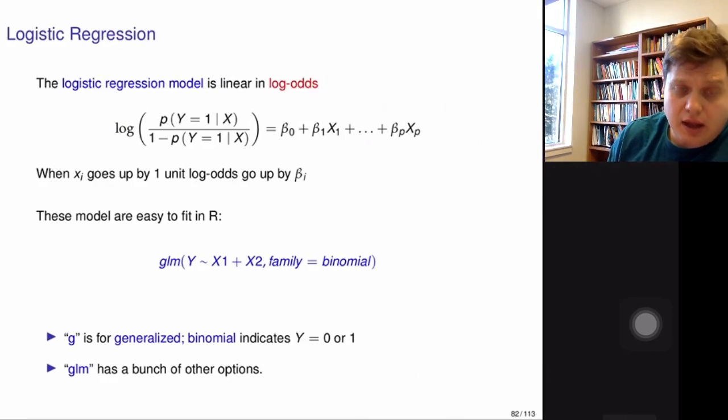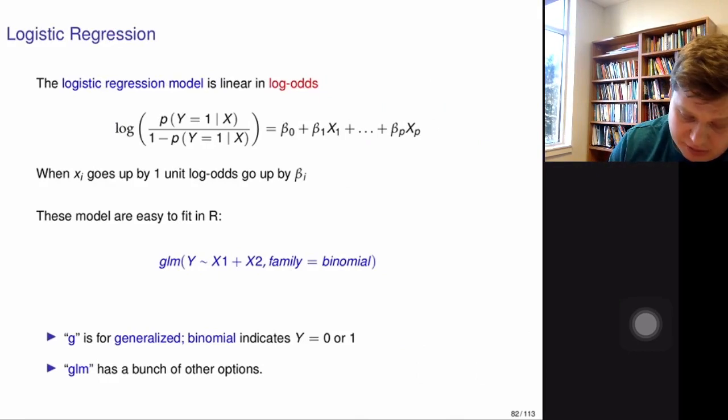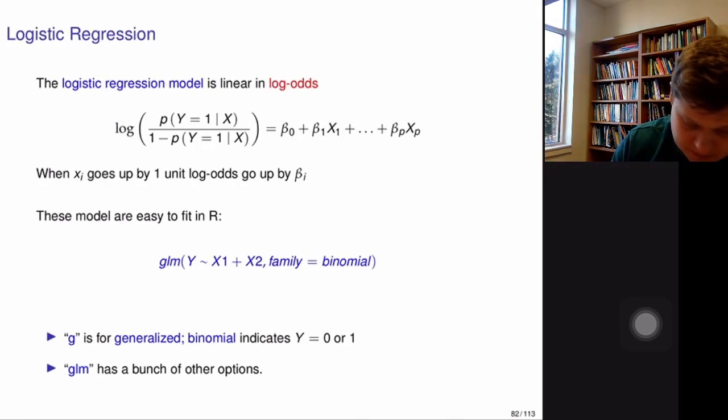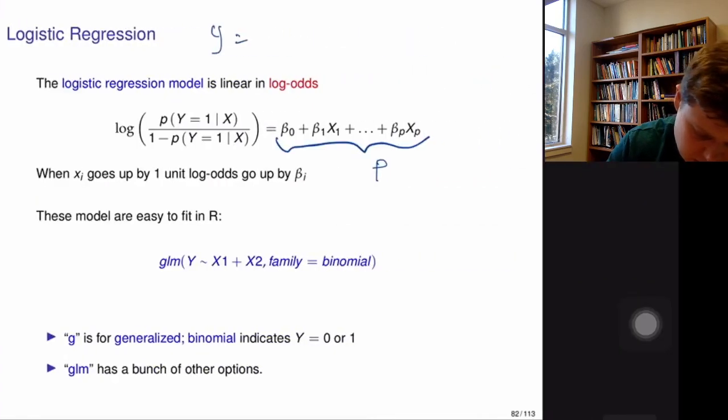Another way you can think about this: we have this value p, which is just a linear combination of the predictors. And remember that y equals e to the power p divided by 1 plus e to the power p, where y is the probability that y equals 1 given x.